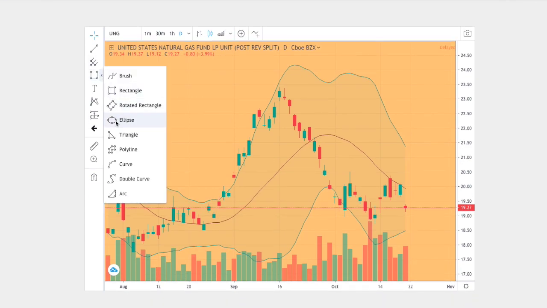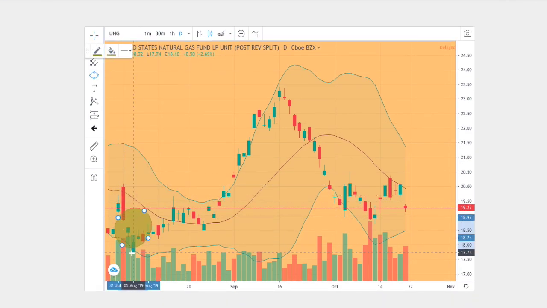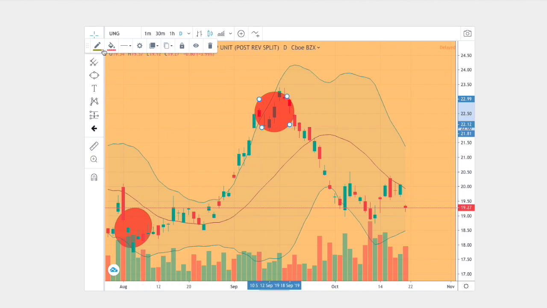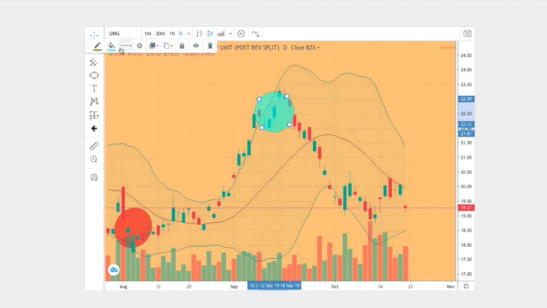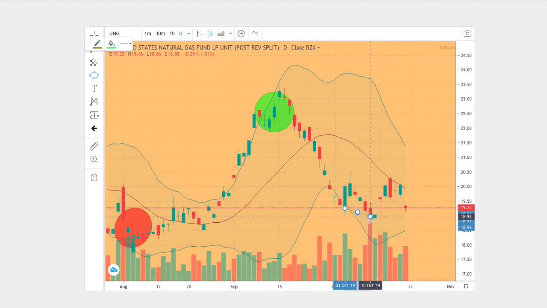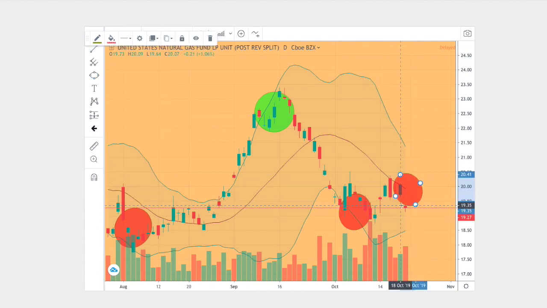What we have in the beginning of the trend, we start off on the bottom Bollinger Band, and then we proceeded to make a nice uptrend to touch the upper Bollinger Band. So let's make this green. And next we proceeded to head down lower to touch the bottom Bollinger Band one more time. And next we see it revert back to the mean to touch the middle Bollinger Band right towards the end.